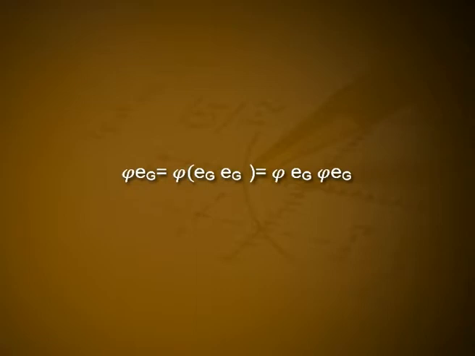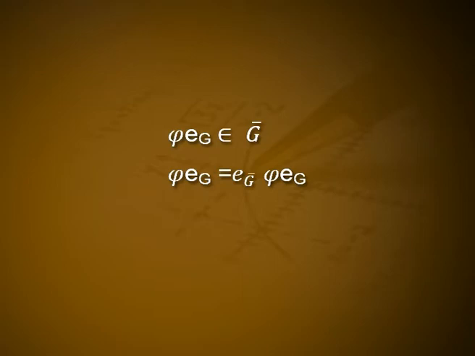Then eG is equal to eG times eG, so that phi of eG is equal to phi of eG times eG, that is equal to phi of eG times phi of eG. But phi of eG belongs to G bar, so that phi of eG is equal to eG bar times phi of eG as well. Thus, by cancellation, we have eG bar is equal to phi of eG.